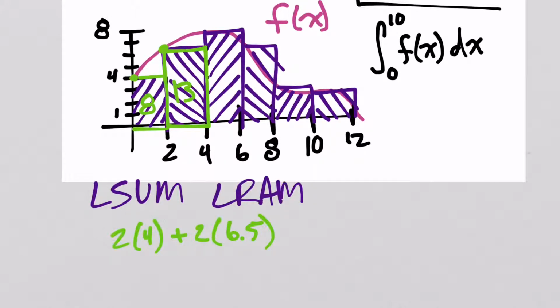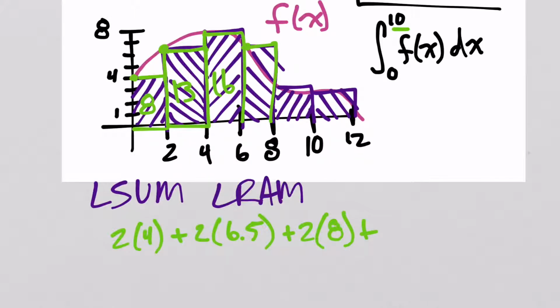I continue to do this all the way up until where my integral notation tells me to stop, which is 10. So I can do the next one, go up to my graph, over and down. There it appears the width is still 2, the height looks like it is 8, so I would get 16 for that area. Next, the x value that we ended on is now going to start.